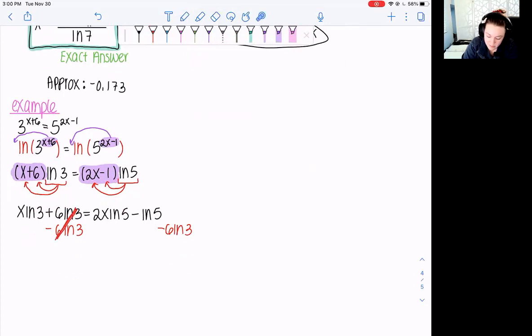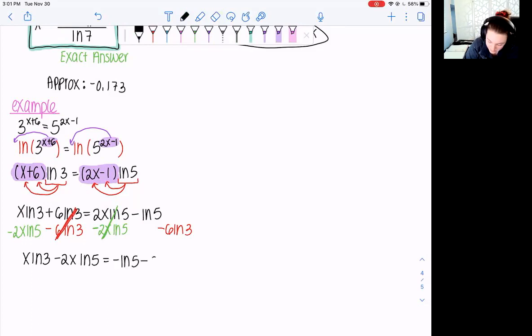This guy has an x in him, so he needs to move to the other side. So we are subtracting 2x ln 5. What you're left with is x ln 3 minus 2x ln 5 is equal to negative ln 5 minus 6 ln 3.